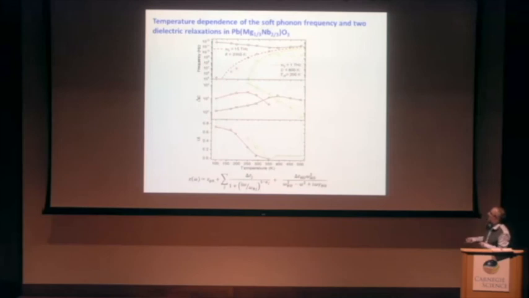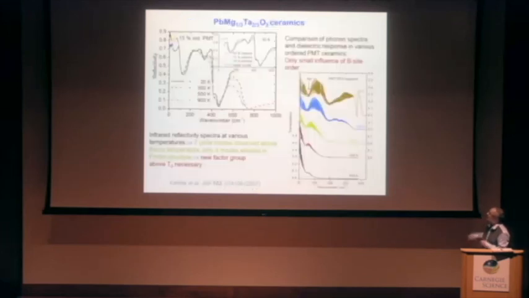I will have no time to speak in more detail about relaxations here, but they are at high temperatures somewhere in the microwave range, and these relaxations slow down on cooling. One of the components follows the Vogel-Fulcher law, and the second one, the Arrhenius law. And I think that this behavior is general in all relaxors.